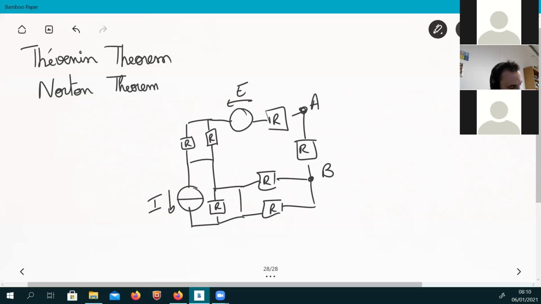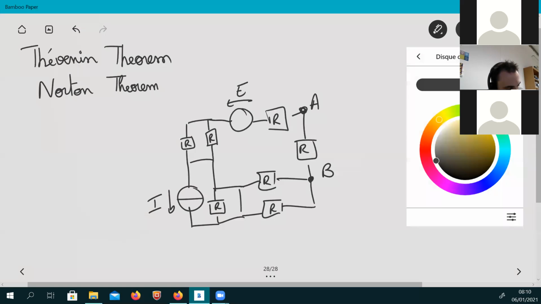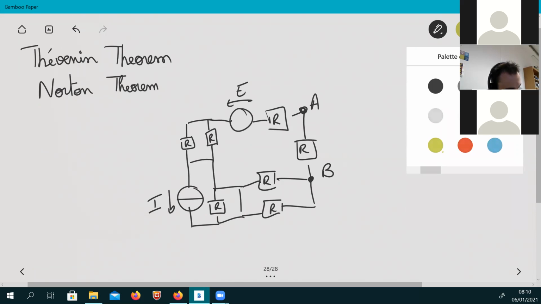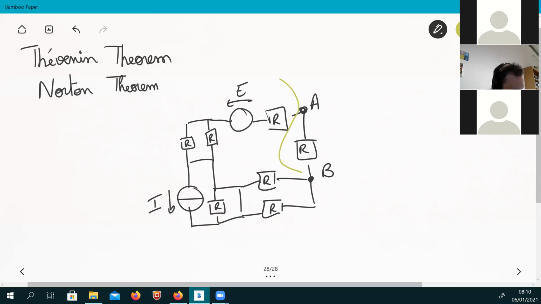So let's say here in this example, you want to simplify everything which is in the circle.